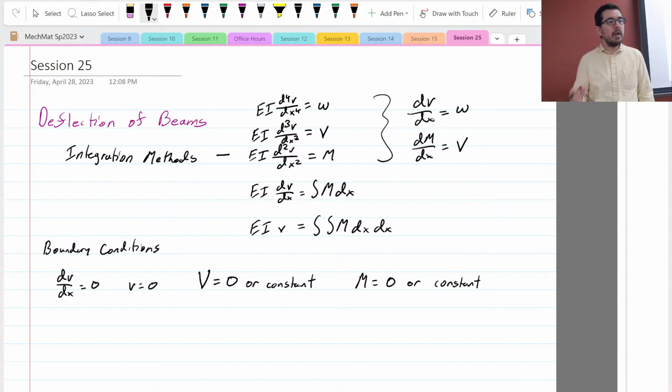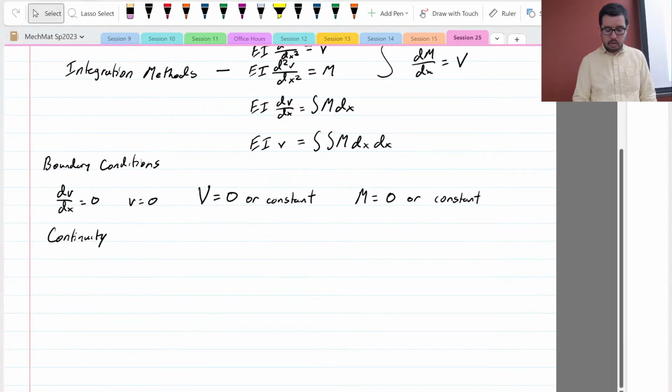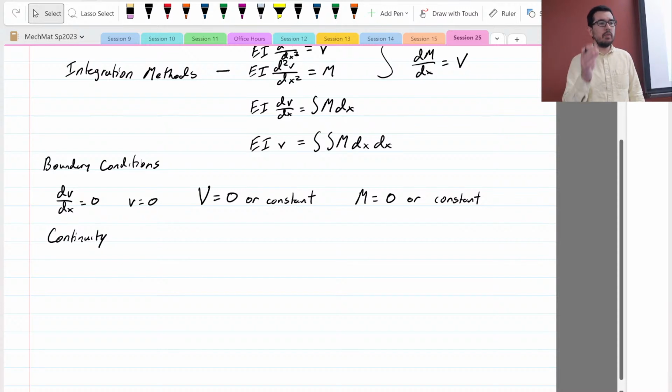Now, with continuity, we are sometimes having a break in the beam because there's some type of applied load or there's a support.